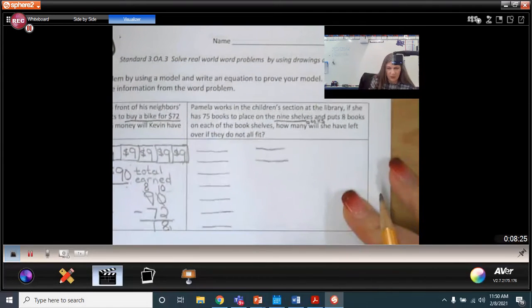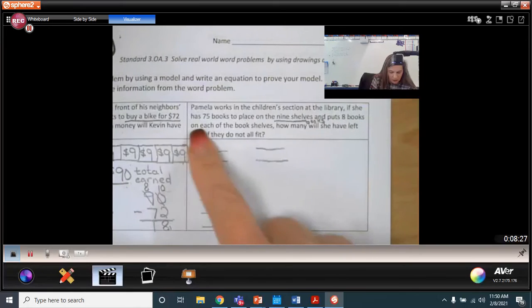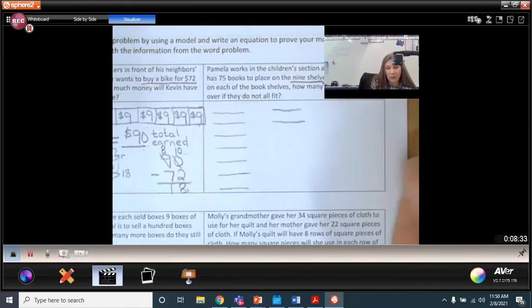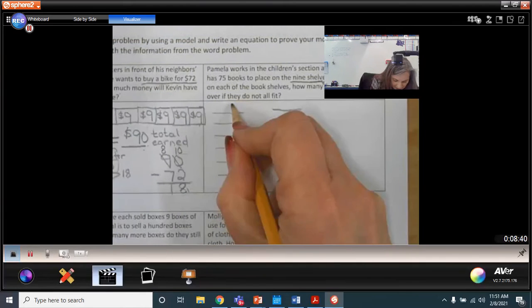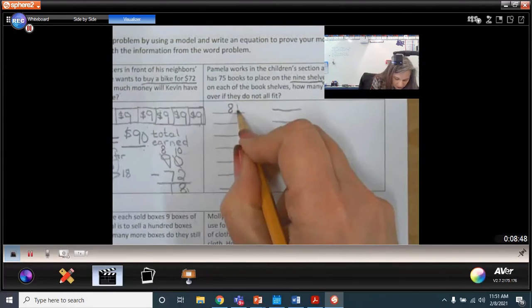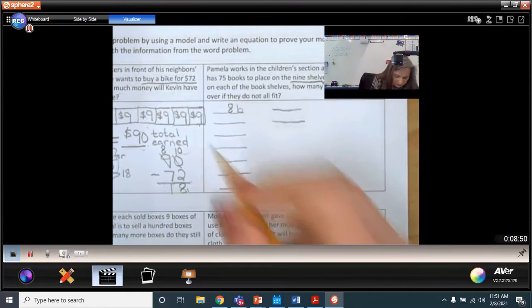And it says she puts 8 books on each shelf. Now, I could draw tally marks, but that would be taking a lot of time on something that I don't need to do. So I'm just going to put an 8 here every time I think about putting 8 books on each shelf. So there's going to be 8 books on this shelf, and I'm going to put a B for books.